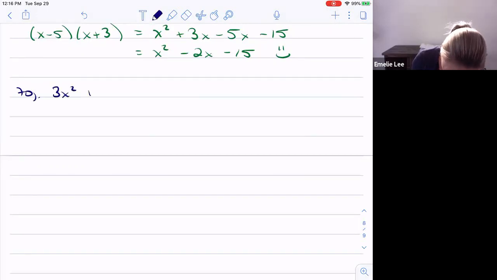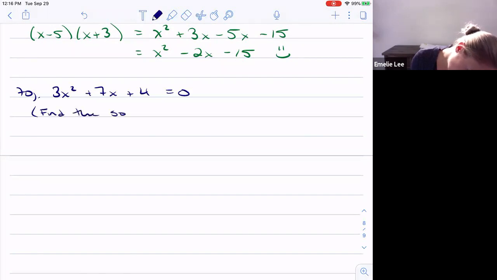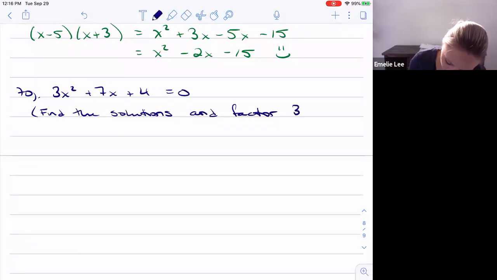3x squared plus 7x plus 4 equals 0. And what we want to do is find the solutions and factor 3x squared plus 7x plus 4.